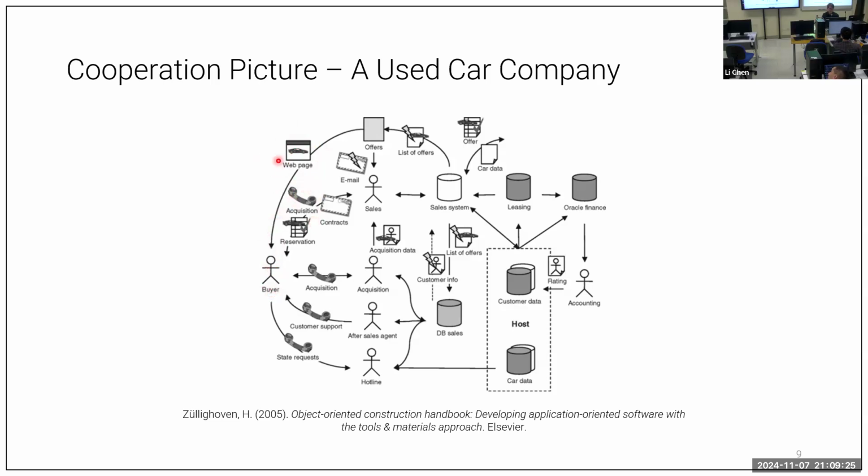Because we want to replace this, but we do not change how the information flows. The salesman will receive some offers from the buyer and decide whether they can accept the offer. And the buyers will use the web page to access the condition of the used car and make offers.